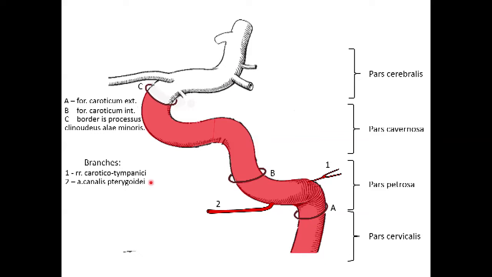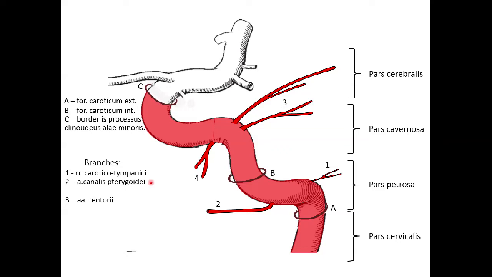This cavernous part is quite complicated according to its topography, and it has several extremely important branches. First of all, we use these large branches, number 3, Arteria tentorii, which supplies tentorium cerebelli.